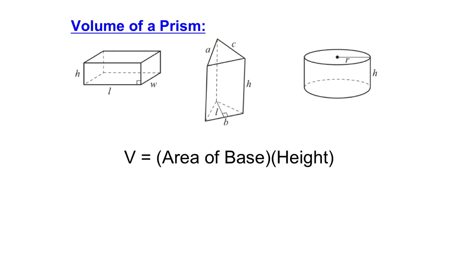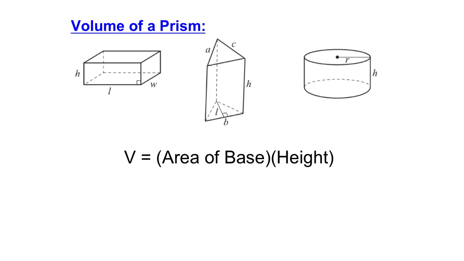With a triangular prism, though, the base is a triangle because it's the 2 triangles that are parallel to each other. Whereas in a cylinder, it's the circle that's the base because there are 2 circles that are parallel to each other. So whatever the parallel sides are, that's what we're going to call the base of the prism.